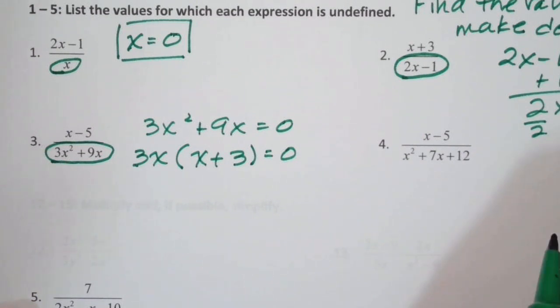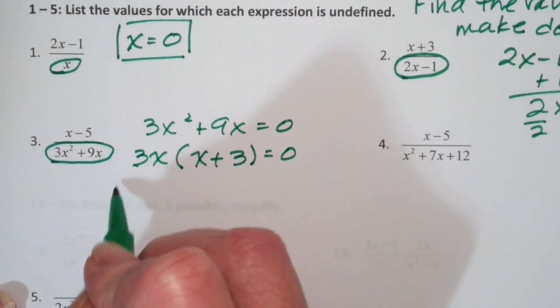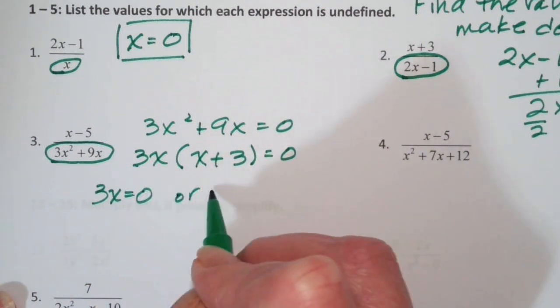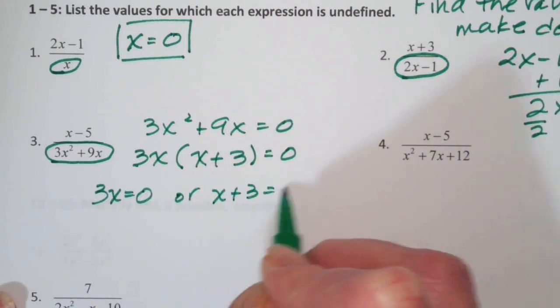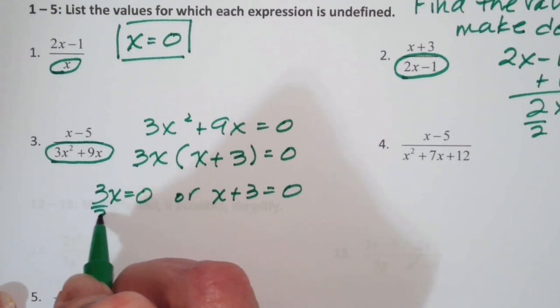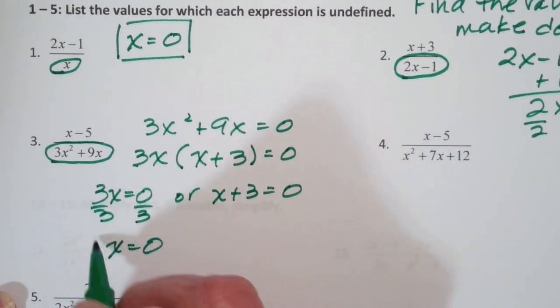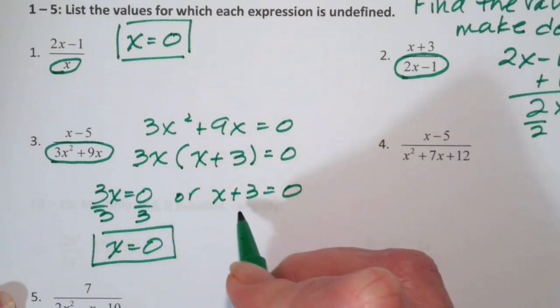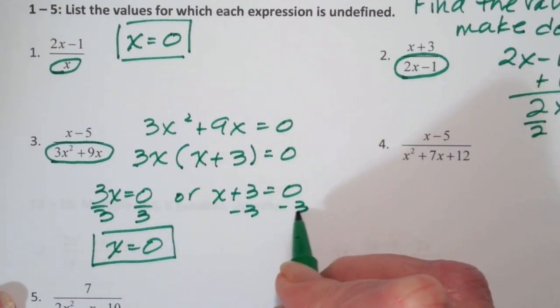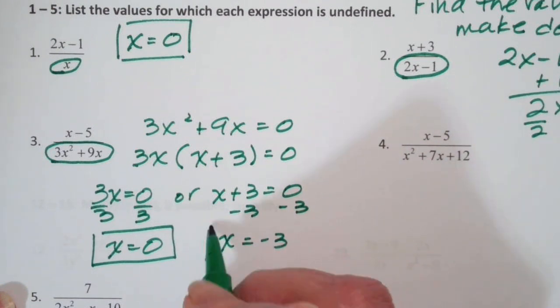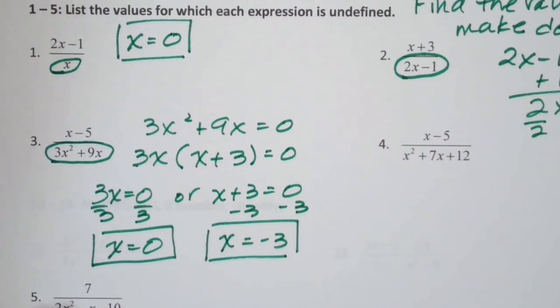When I set that equal to 0, I have 2 factors. I have 3x equals 0, or I have x plus 3 is equal to 0. So this tells me that if x equals 0, it's undefined, or if x equals -3, it's undefined.